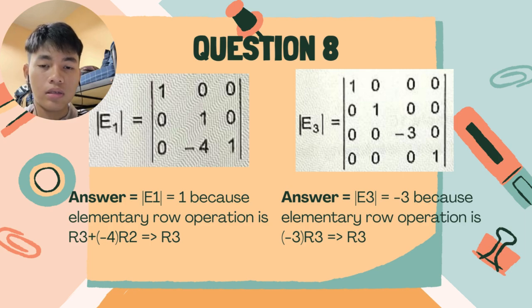And then another question, when we interchange, it should be -1. Any interchange will be -1.